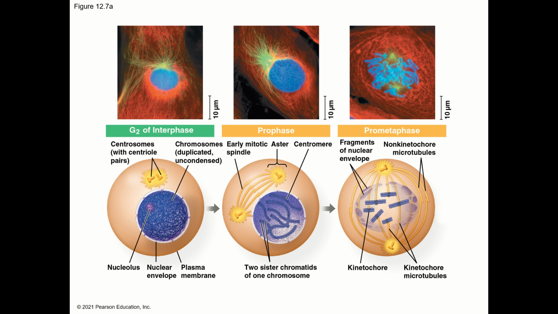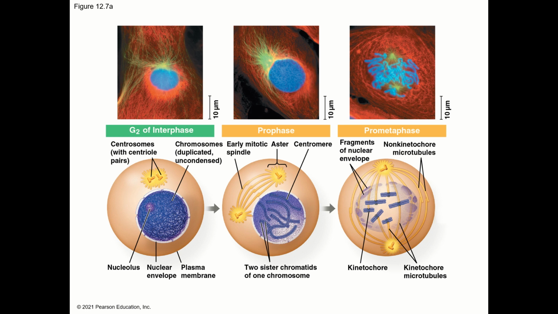Here we see after G2, or during G2 of interphase, we have centrosomes with centriole pairs, and we have our chromosomes that were duplicated but not yet condensed into packaged chromosomes. We have the nucleolus, the nuclear envelope, and the plasma membrane.